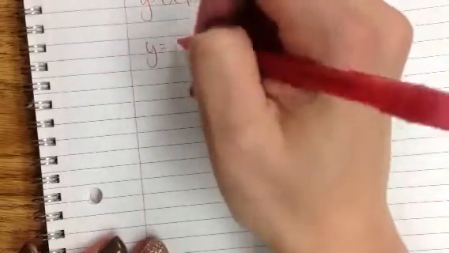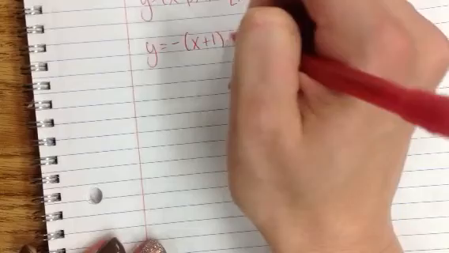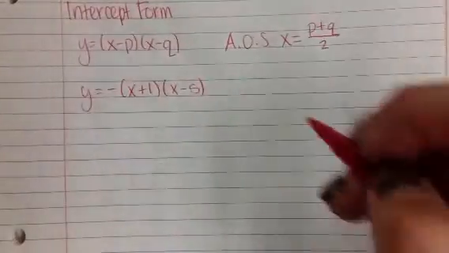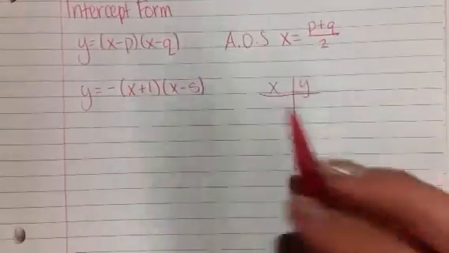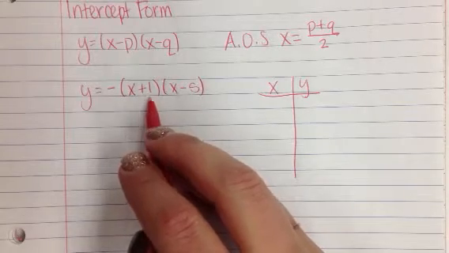So let's look at the example. Y equals negative x plus 1 times x minus 5. So I can already fill out my table of values with 2 points. I know that I'm going to have a root at negative 1 comma 0.